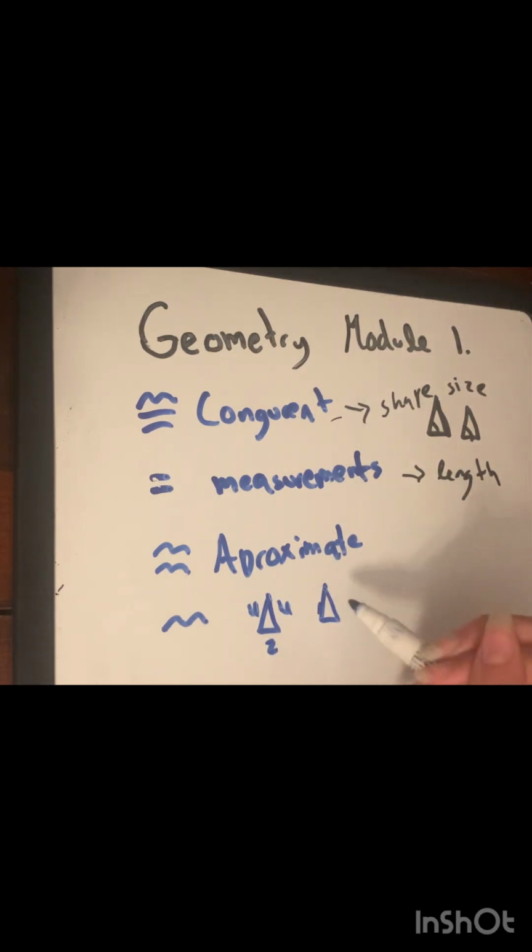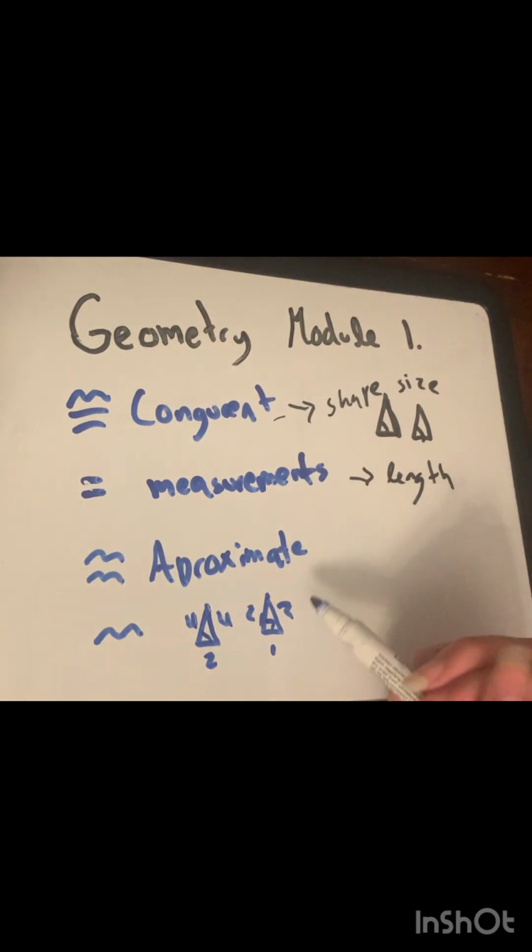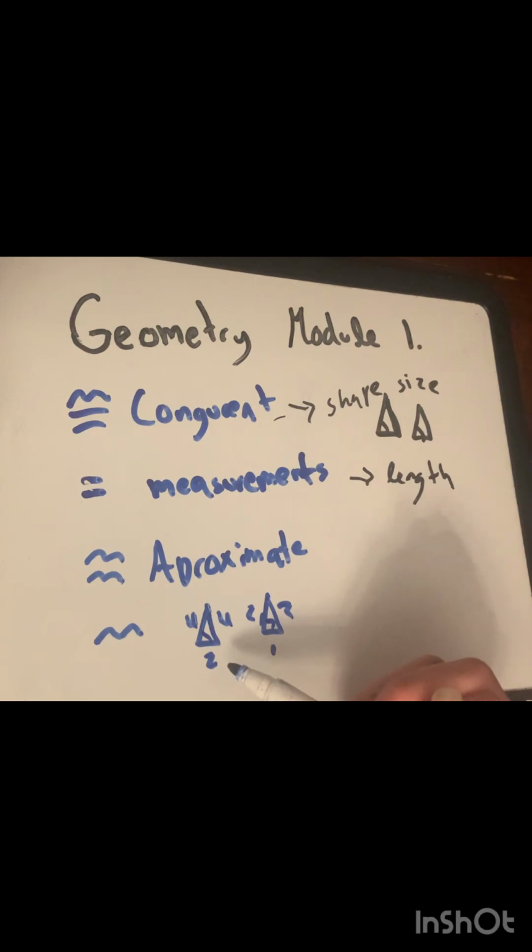And then the next triangle's 2, 2, and 1. They're similar. They have the same angles, but proportional sides, which means 2 times 2. If we divide this whole triangle by 2, it would give us the same. That's why they're similar. Okay, and now I'm going to erase this and show you the rest.